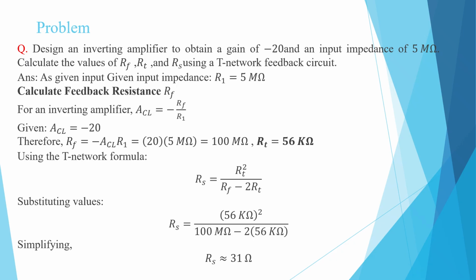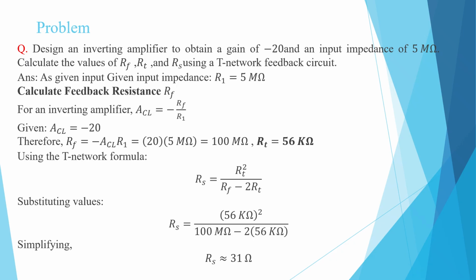So in the question, it is given that input impedance R1 is equal to 5 mega ohm. Calculate the feedback resistance RF. For an inverting amplifier, ACL is given as minus RF by R1. ACL is given as -20. So RF is equal to minus ACL into R1, which is equal to 100 mega ohm.